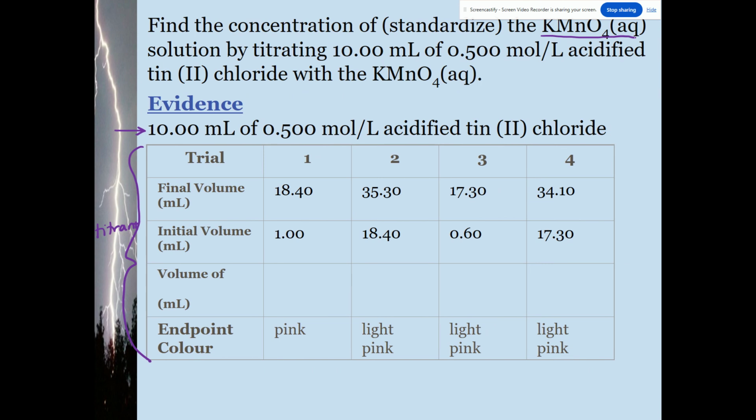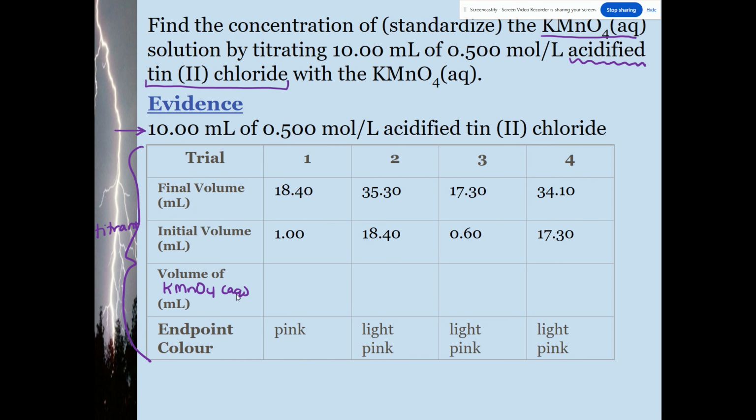So that's our titrant. And the sample is the tin 2 chloride that's been acidified. Okay? So I know my concentration and volume, again, of the tin 2 chloride. The chart is our titrant, the KMnO4 solution.